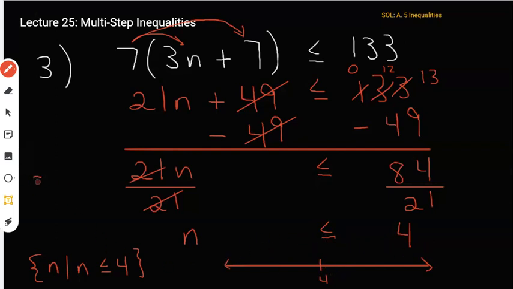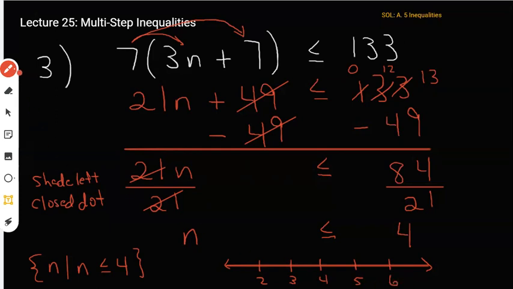So not only am I going to shade left, but I'm going to have a closed dot on the 4. So I can put the 3 right here, a 2 right here maybe, and then a 5 and a 6 over here.